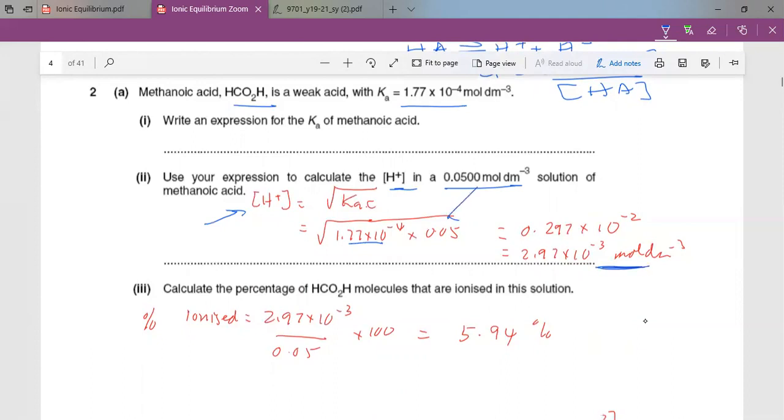Okay, so now this is the amount of H plus that came from the original. It means only very little amount of it has dissociated. Count the percentage of molecules ionized. So the amount ionized here is H plus over the original, which is 5.94.